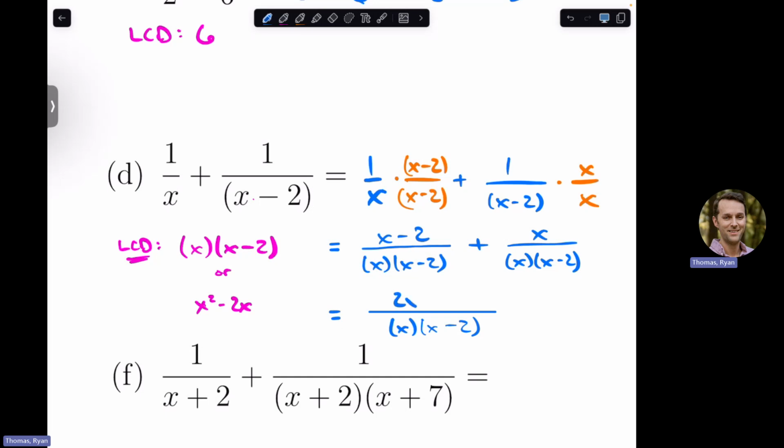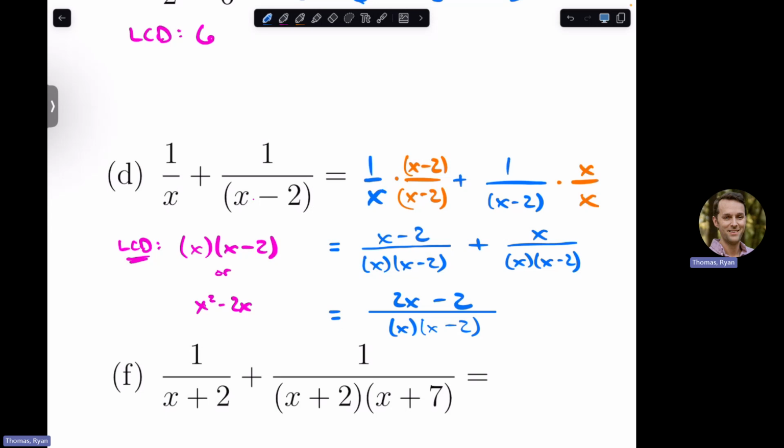So 2x minus 2. Basically just that, x minus 2 plus x. And then again, 2x minus 2, if you wanted, you could factor 2 out, but that leaves x minus 1, which is different than either of the things in the denominator, so nothing reduces or cancels. So we'll just leave it like that.